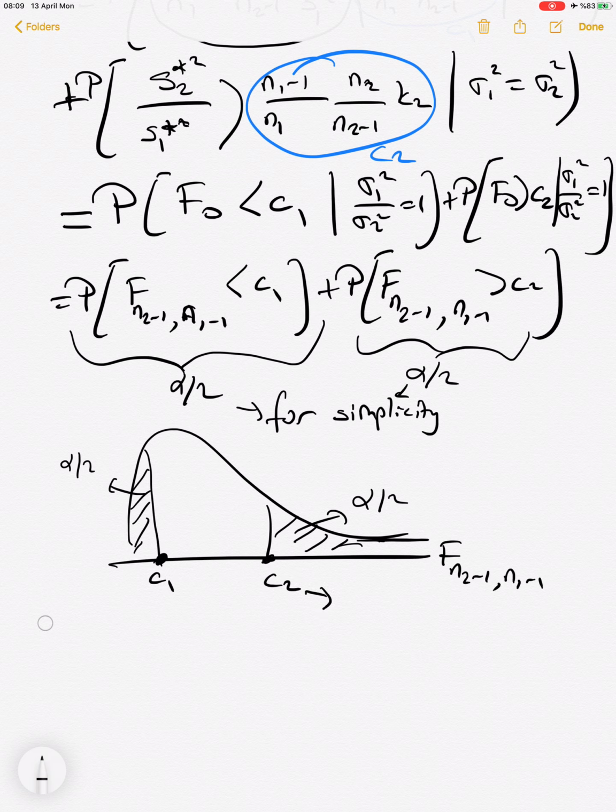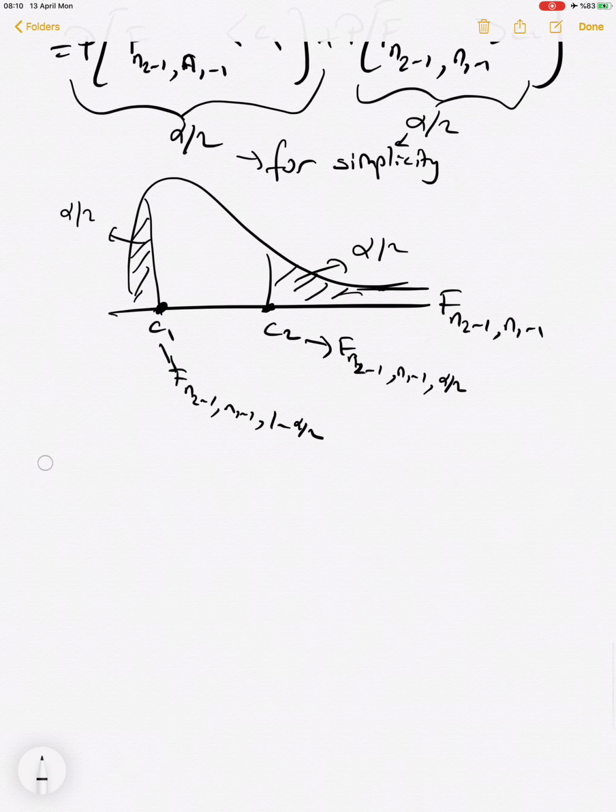In terms of F, this is F with n2 minus 1 and n1 minus 1, alpha over 2, and this one is F with n2 minus 1 and n1 minus 1, 1 minus alpha over 2. Then we know our C1 and C2.